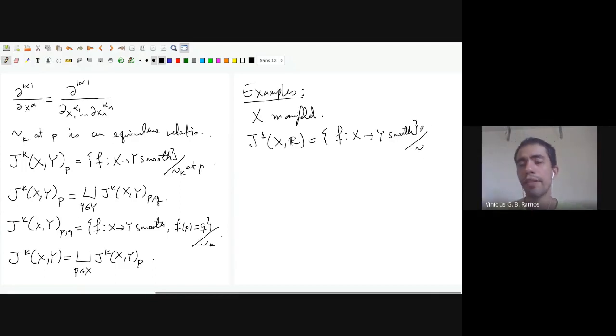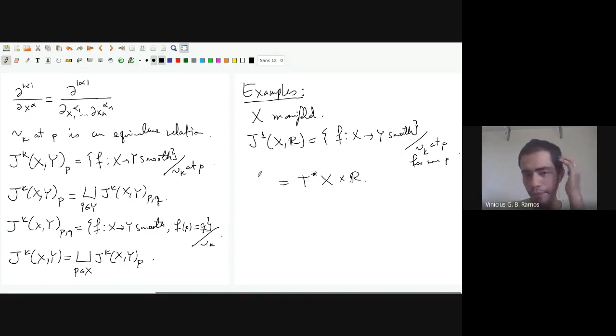So the set of functions that are smooth, and then I take an equivalence relation when two functions have the same derivative at P for some P. So this is just the cotangent bundle of X times R.